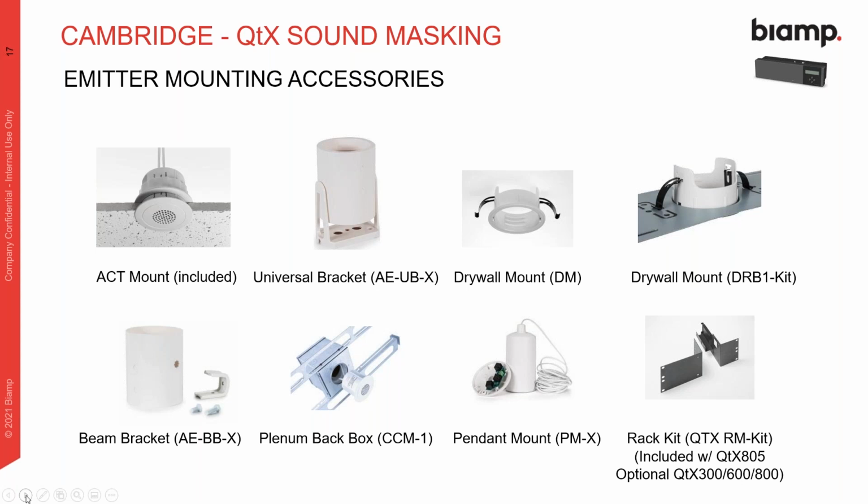And then on the bottom there is the plenum back box, the CCM1. This is a newer product, a couple of years old now probably, designed for plenum applications where conduit is required. So typically in the Chicago market, this plenum box is going to be required, and it works with both the active and the standard emitter.